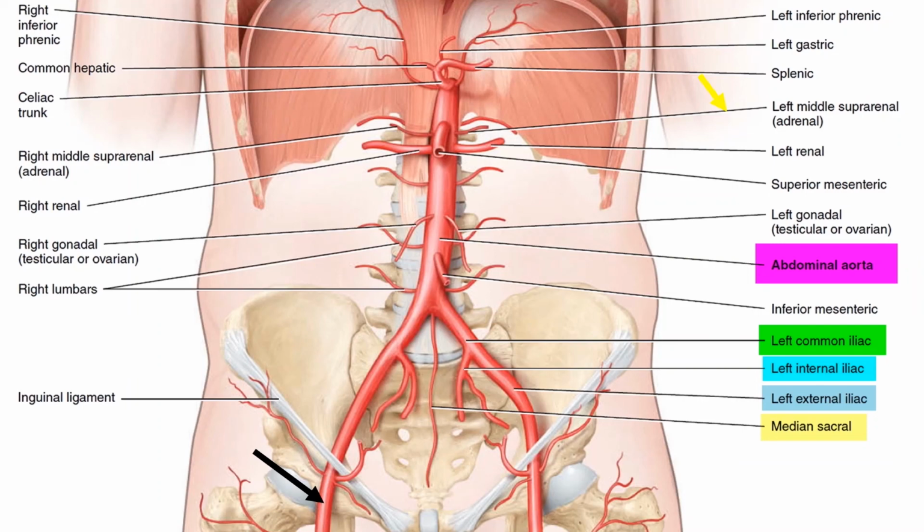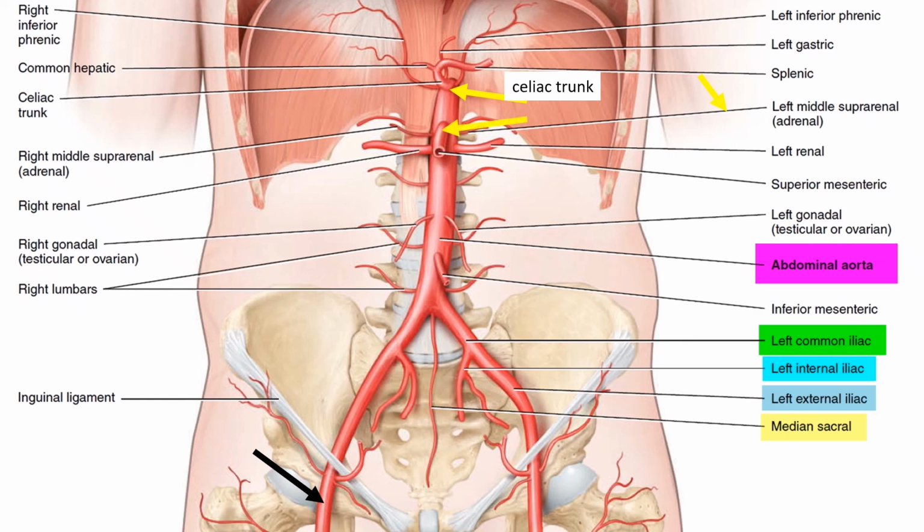As it gets into the abdomen slightly on the left, it gives an anterior branch called the celiac trunk or celiac artery. It is going to supply organs in this area, which are the spleen, the stomach, the liver. It is going to supply the diaphragm and part of the duodenum.